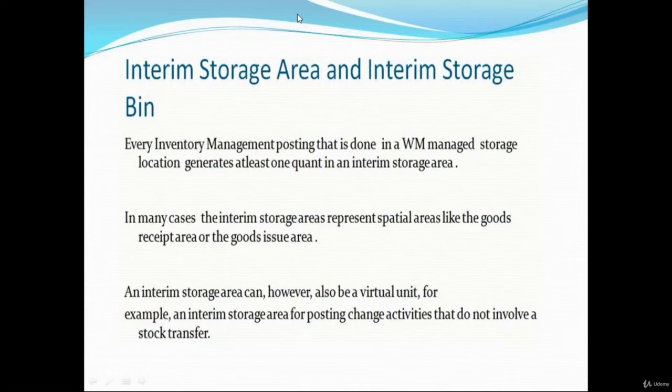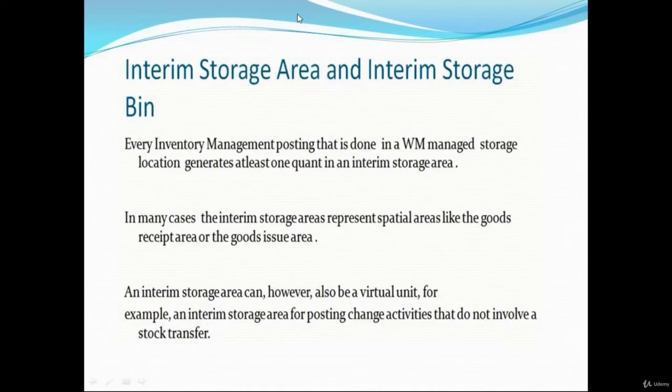Then we have the fourth interim storage area for differences. Whenever we perform the physical inventory process in IM and WM, that means we check the quantity of stock in warehouse management physically as well as the total quantity of stock in the system. There could be instances where there is a difference in the stock quantity in the system and physically.